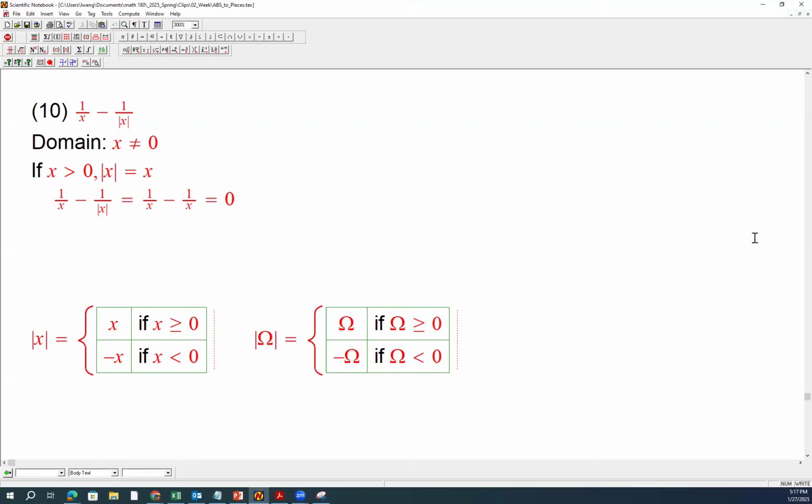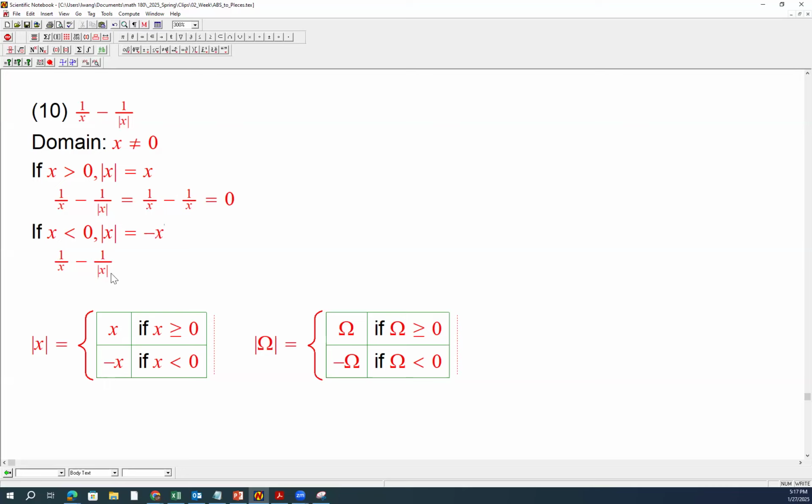Then what if x is negative? If x is negative, the absolute value of x is its opposite. So there's a negative sign there, right? That's what this branch is saying. And as a result, the absolute value of x will be replaced under the circumstances by negative x.